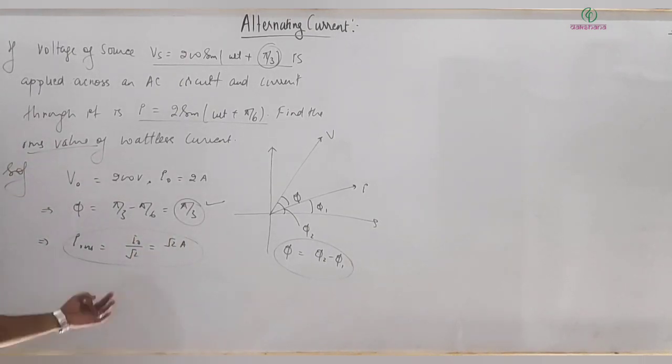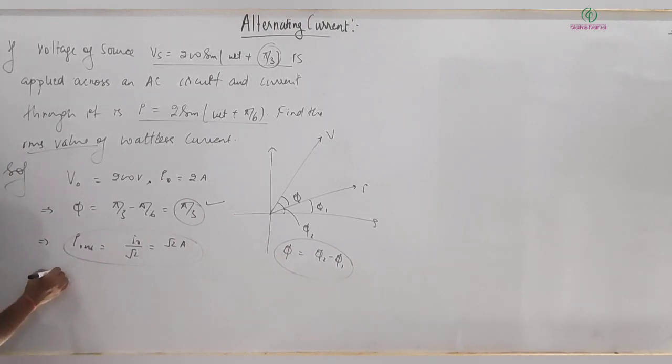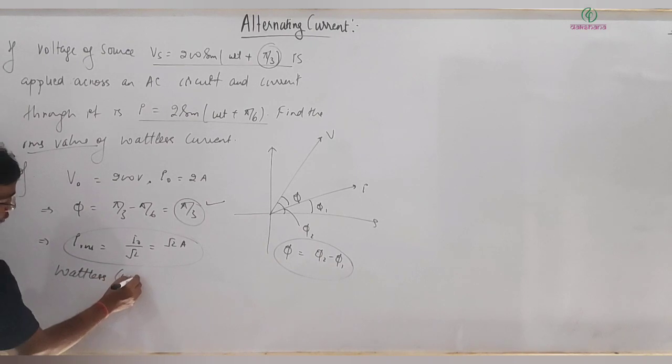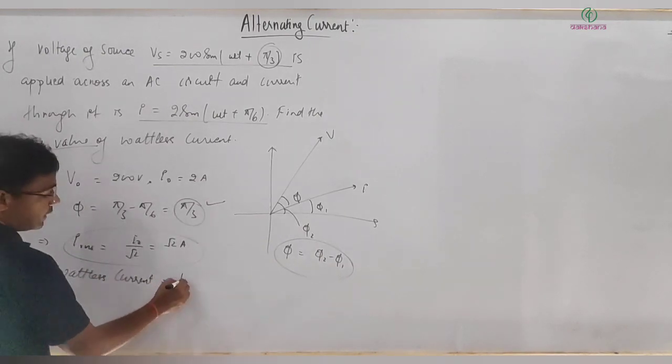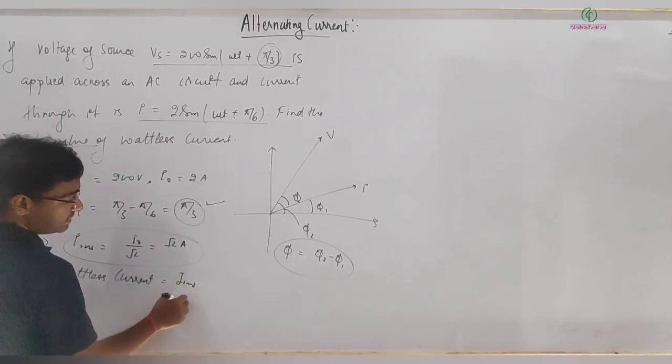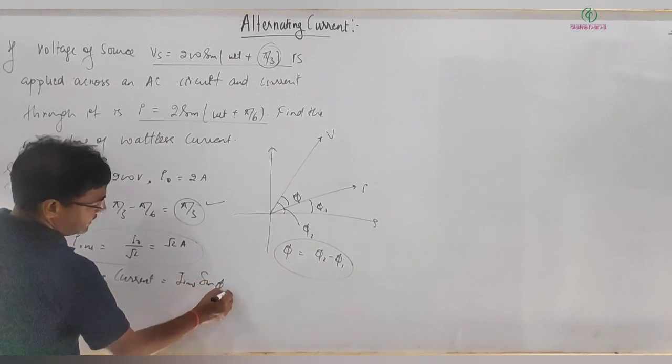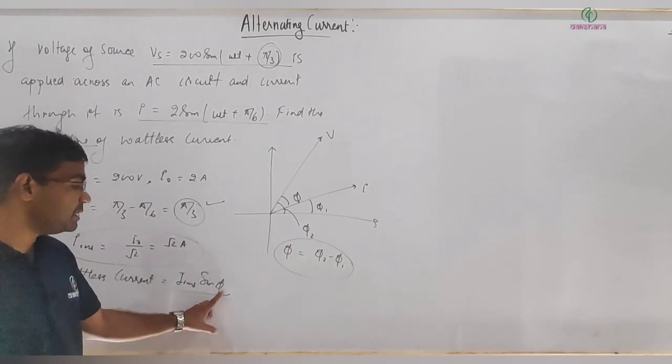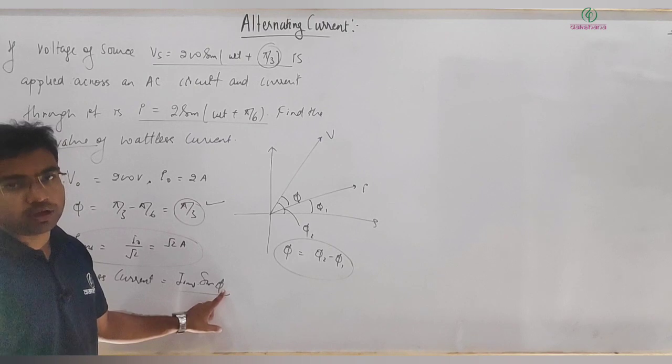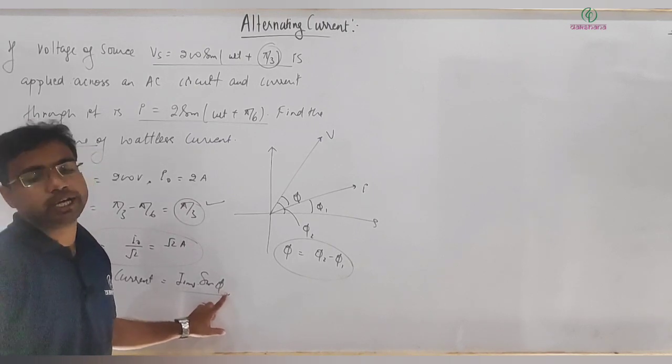Now it's talking about the wattless current. So what is wattless current? I can easily get wattless current, it will be equal to IRMS into sine of phi. You just need to calculate this. And remember, this phi is the phase difference, the phase angle between current and voltage.